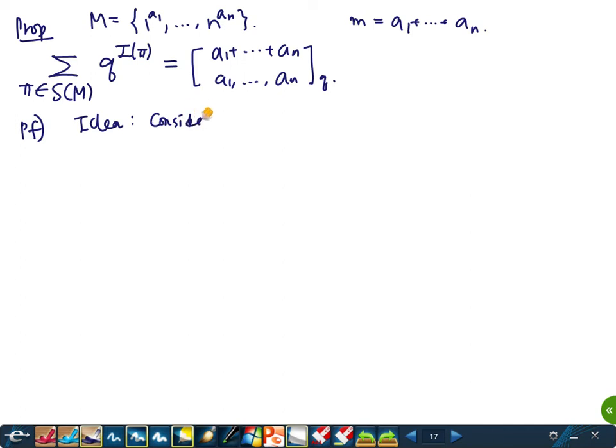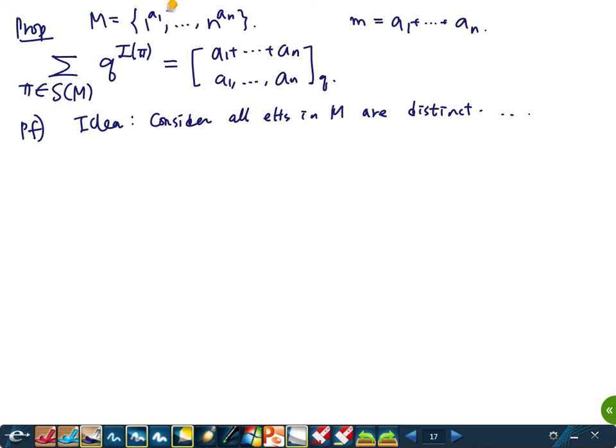Consider all elements in M are distinct. And then just proceed. Of course, we have to deal with the things that are the same.